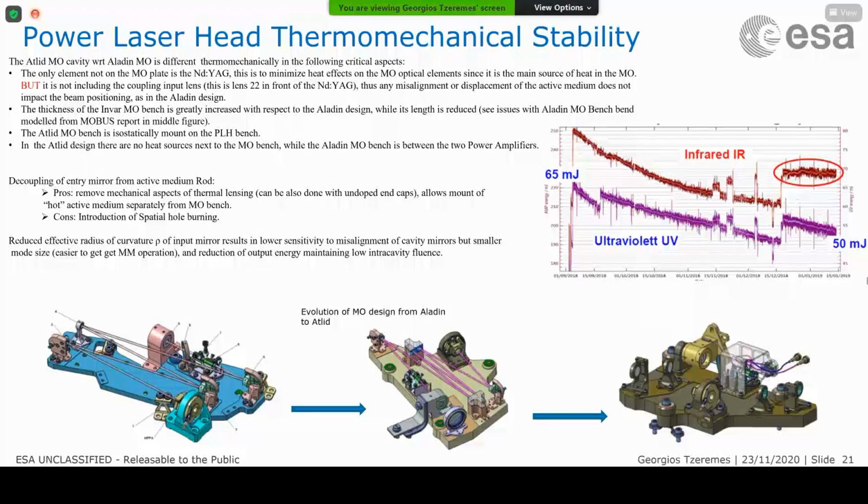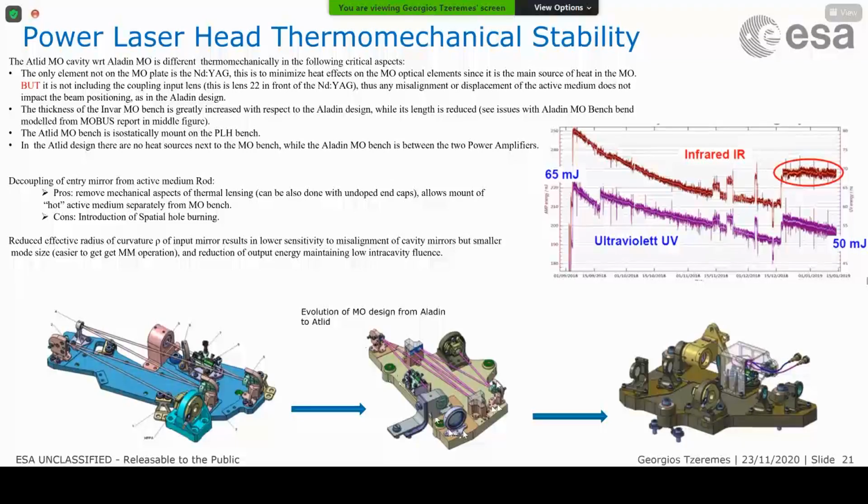And then if you look closely, you see the evolution of the master oscillator, which is something that needs to be extremely stable, especially for an HSRL instrument, from the EOLOS first master oscillator to the first generation of the ALTER-ETSIT instrument to the last and second generation of the ALTER-ETSIT instrument. And you can see we have more isostatic mounts, more elements now are mounted isostatically on a master oscillator plate.